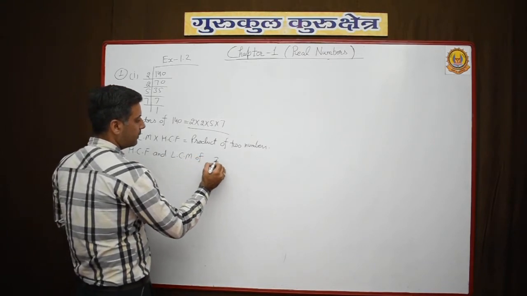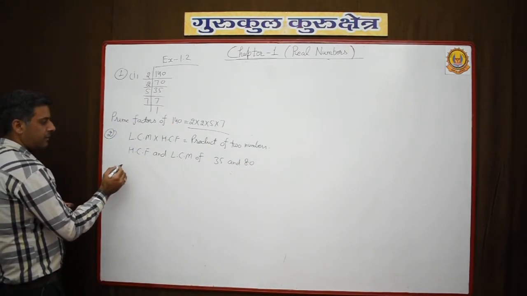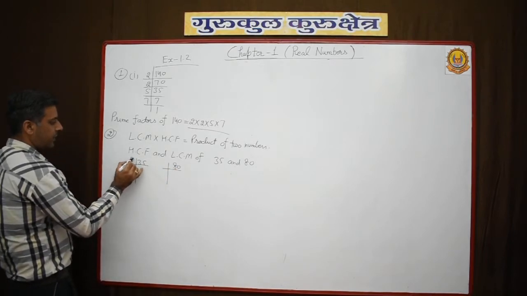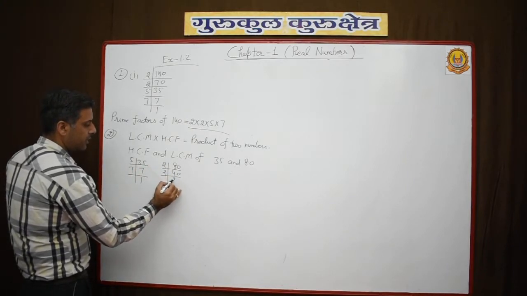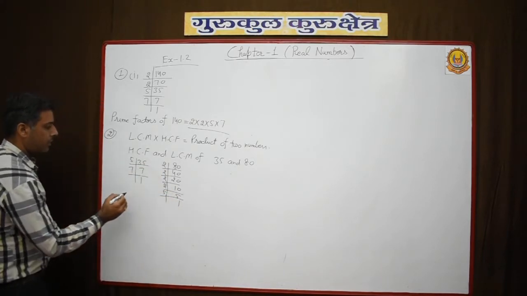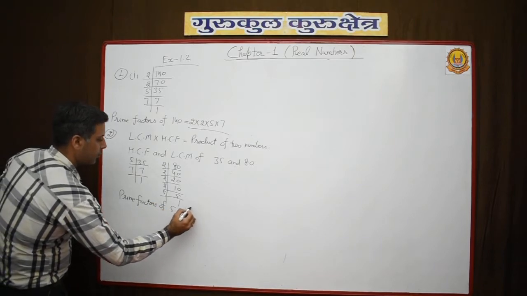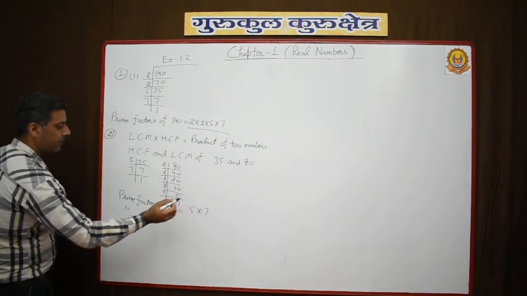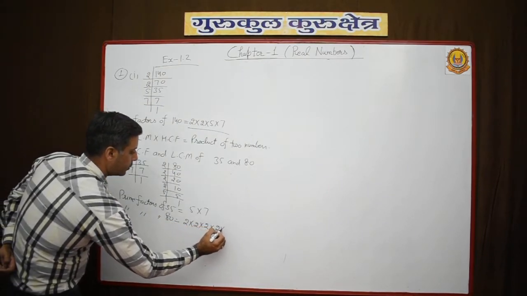Suppose I am taking 35 and 80. Firstly I will find out the HCF with the help of prime factorization. 35 is 5 into 7, and 80 is 2 into 2 into 2 into 2 into 5.